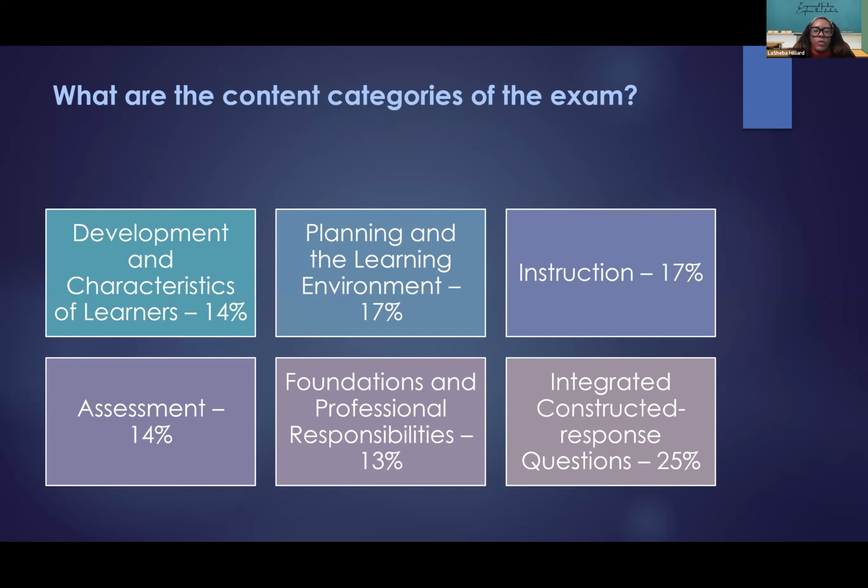Regarding development and characteristics of learning and all the others, make sure you go back into your syllabi to check and see exactly what you need to revisit in regards to human development, any laws and regulations, how planning occurs, also assessing the students. Summative and formative assessment are really big. I can't tell you how many times I have to reiterate the difference between summative and formative assessments.